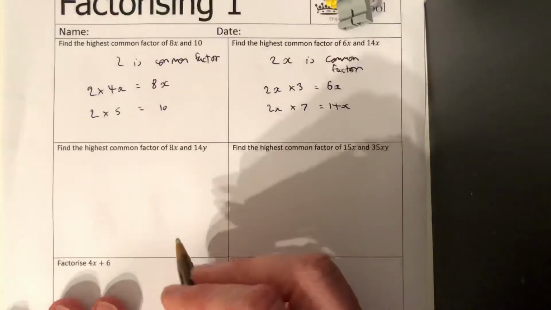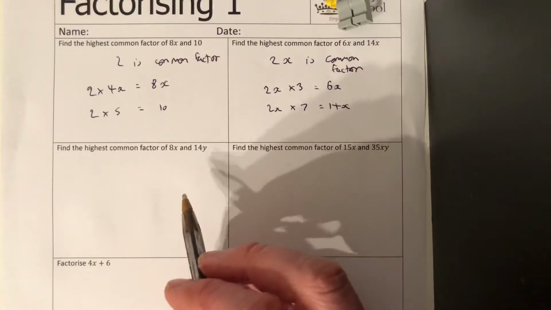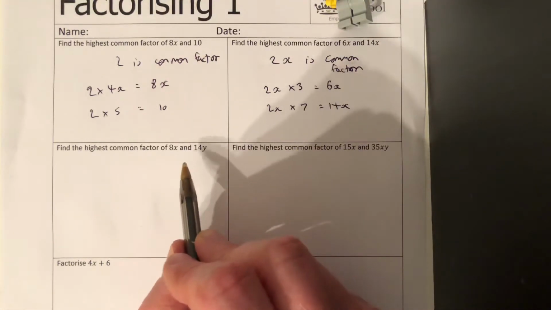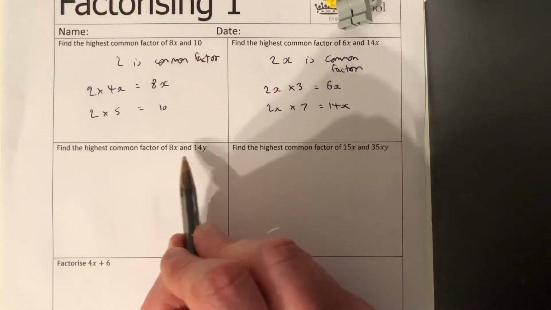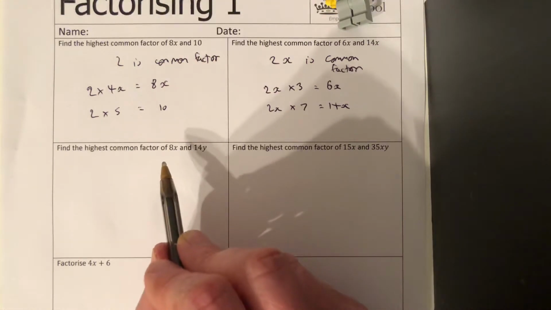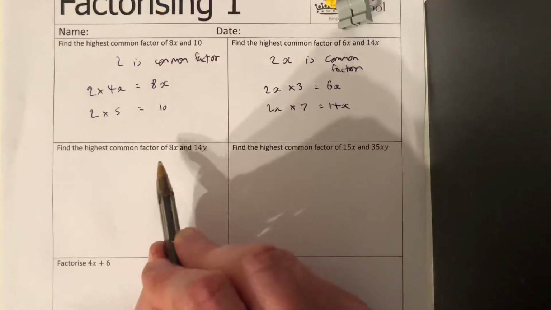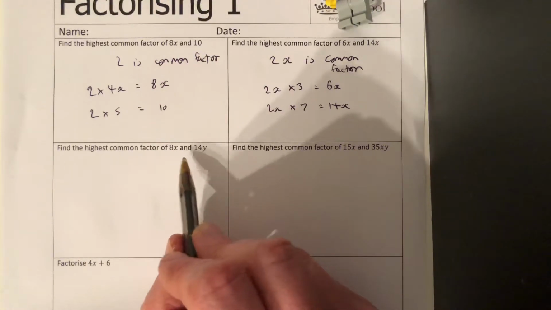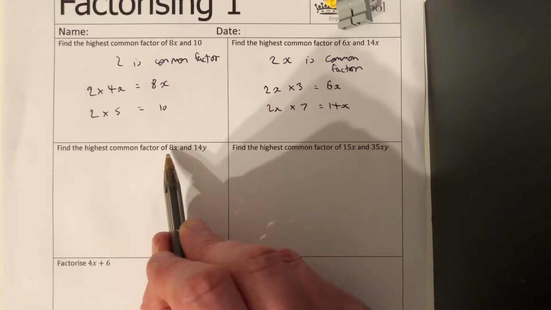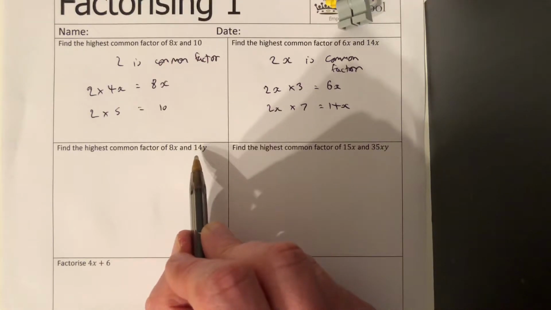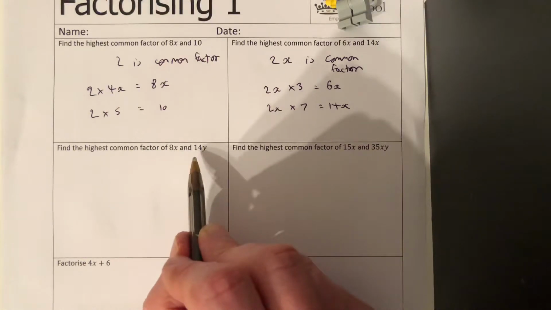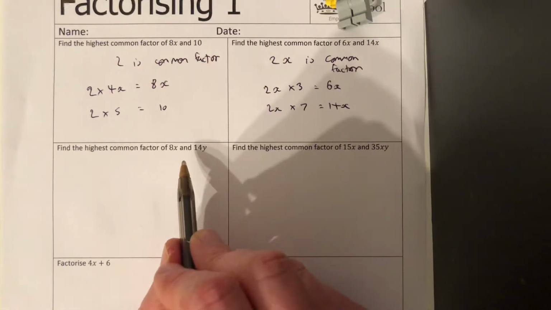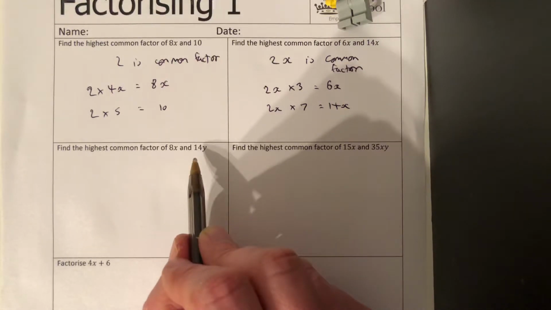So, third question. This time we're looking, again, at 2 algebraic parts. We've got x and y this time, though. So 2 different letters. Different letters mean they're not the same, basically. So they're not sharing the same algebraic common factor. So this time it will only be the 8 and the 14 that we're looking for. 8 and 14 are both even. They're both in the 2 times table. There's no higher common factor than 2 in 8 and 14.